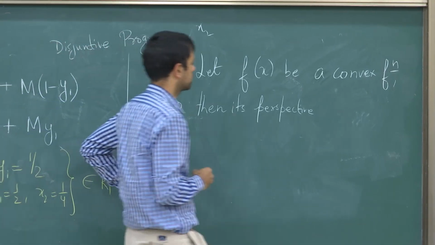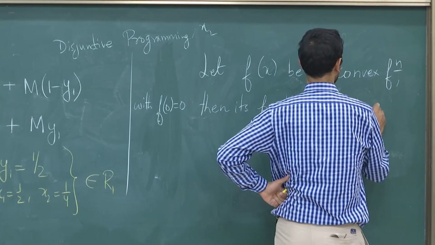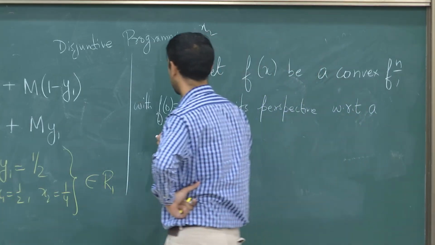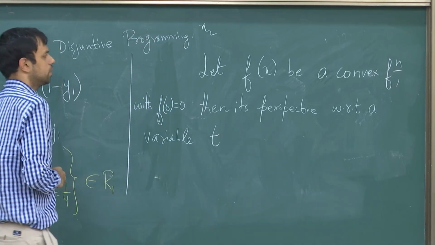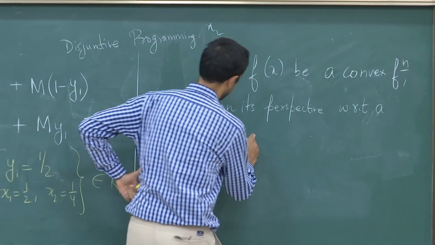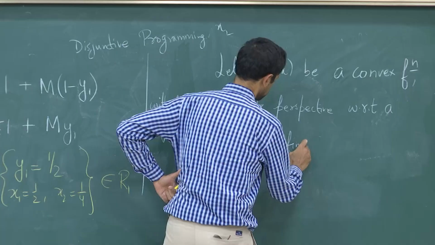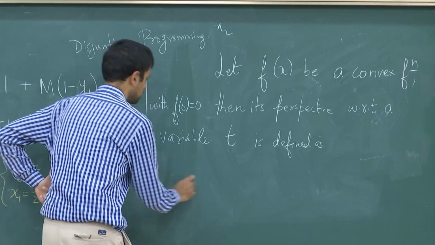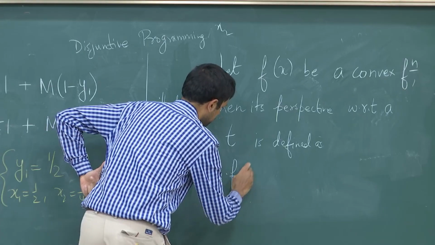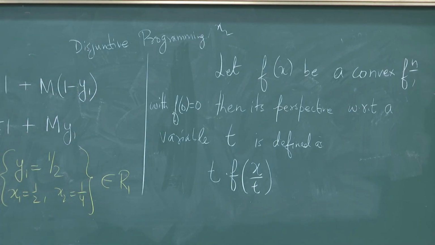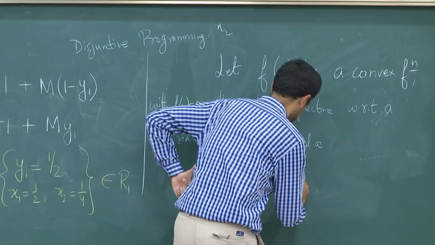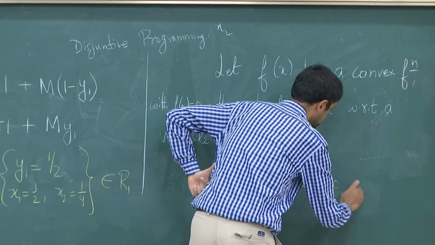then its perspective with respect to a variable t is defined as t times f(x/t), is also a convex function.